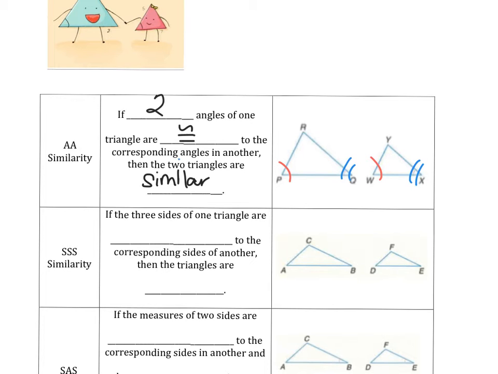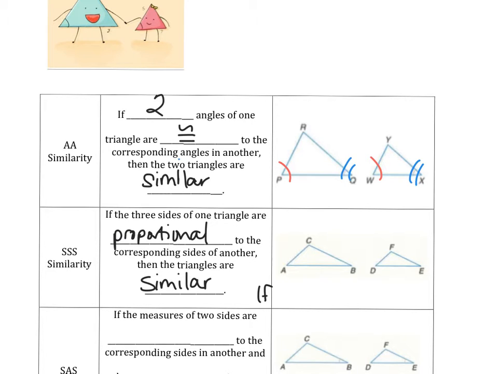Second one here is side-side-side similarity. And it states if three sides of one triangle are proportional to the corresponding sides of another triangle, then the triangles are similar.